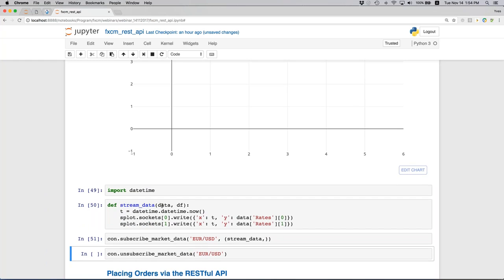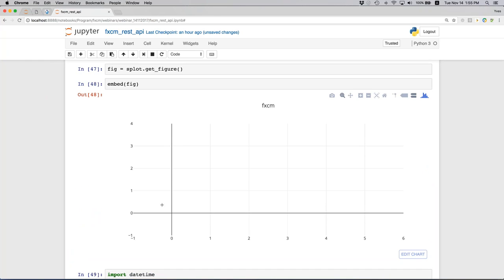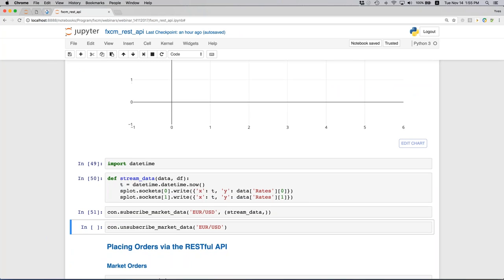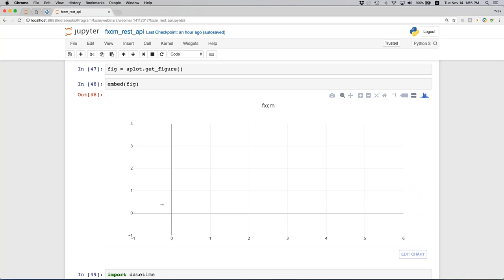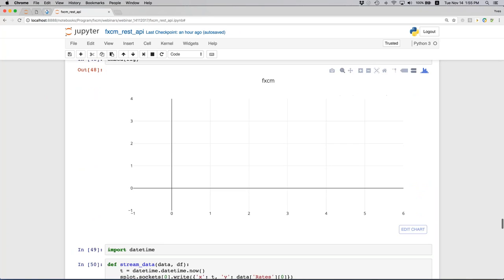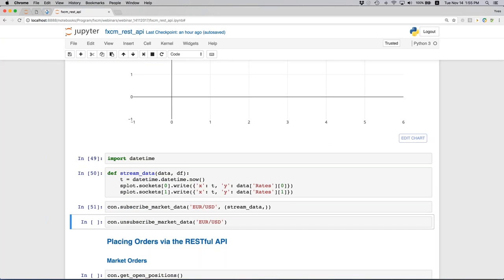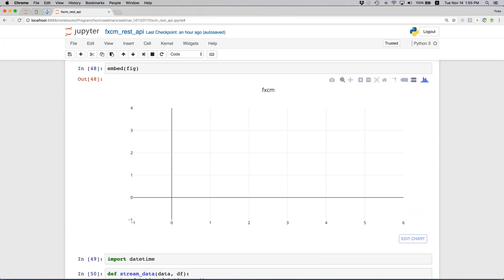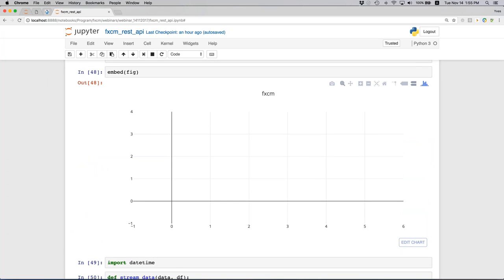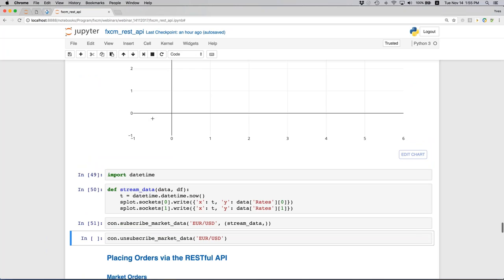I'm now, sometimes it lags a little bit. Should start streaming now. This is always when you want to illustrate or visualize something. Let me maybe try it once again.